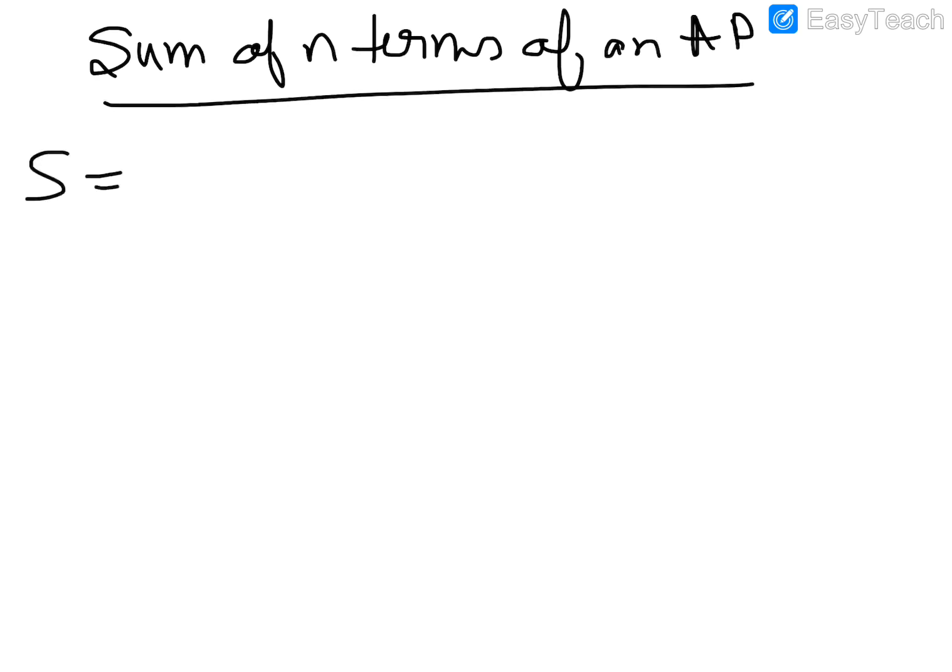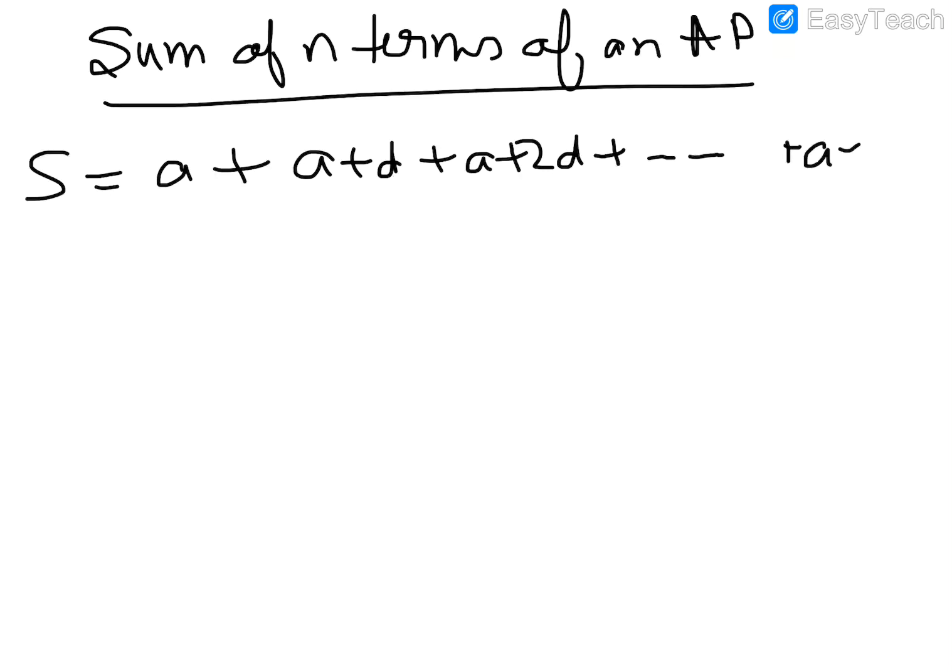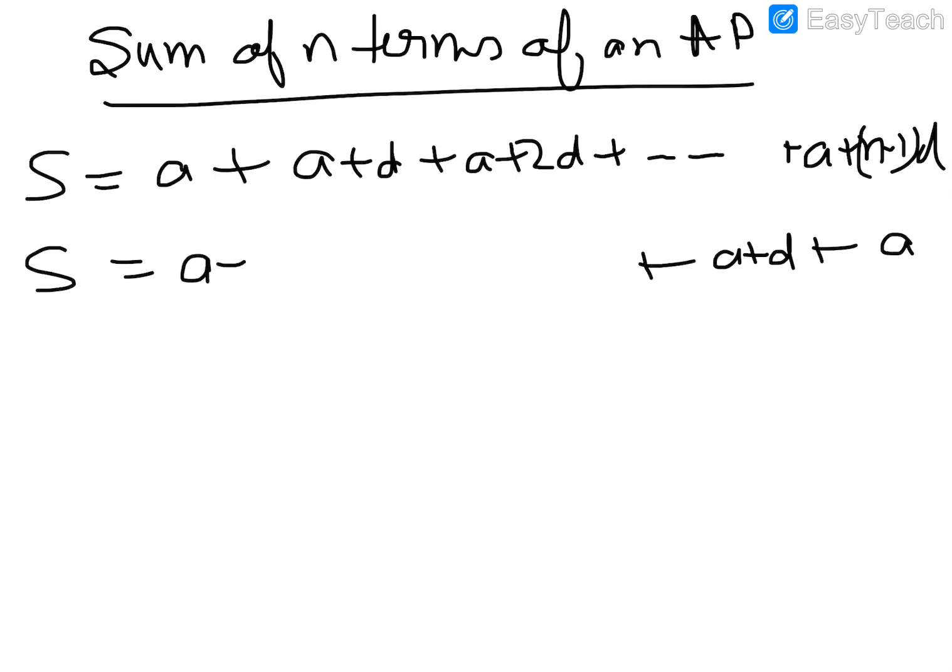Let's say the sum is denoted by S and the AP is something like this: a, a plus d, a plus 2d, something like this till a plus (n minus 1)d. Now for the derivation, write this again in opposite order, like a plus (n minus 1)d, then a plus d, like that.